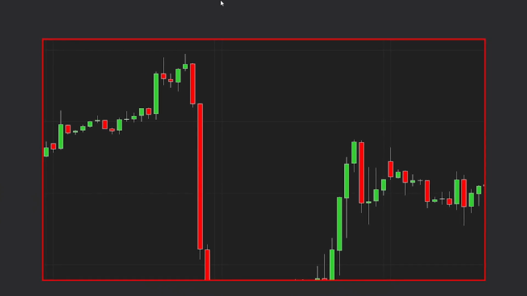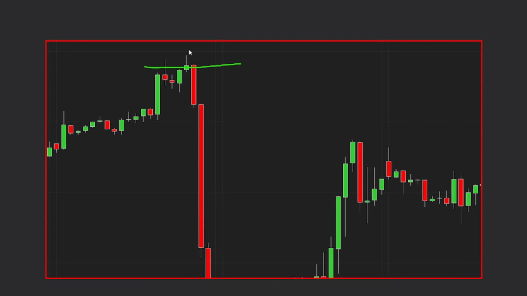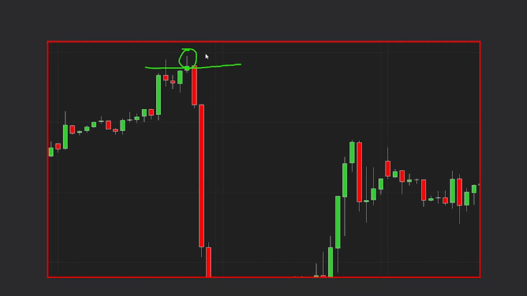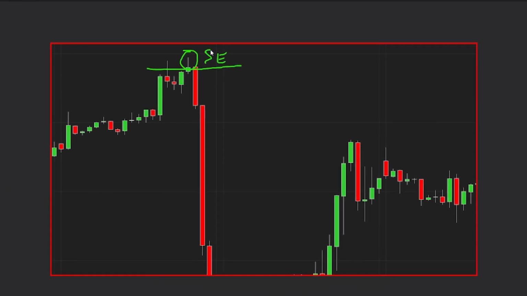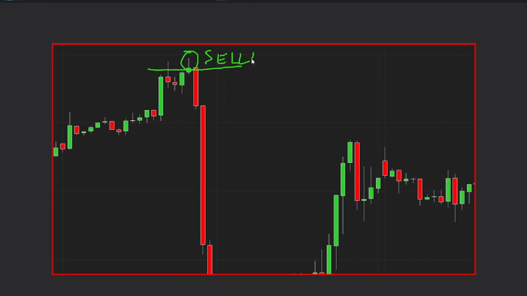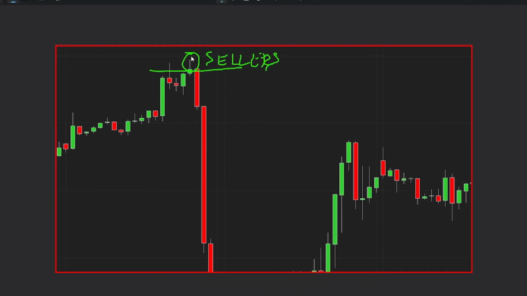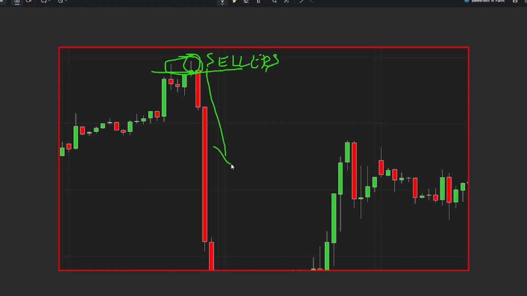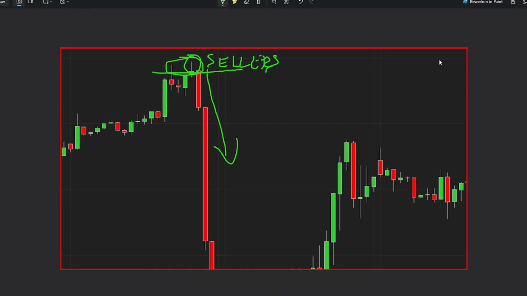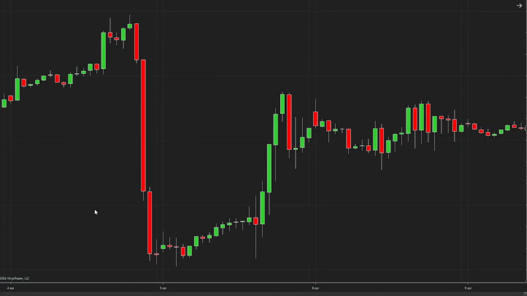And here again, you will see this line and this wick is where sellers, this is an S by the way, sellers are smacking the price down in the same area and we shoot down. So these are indeed examples of how candlesticks can work.